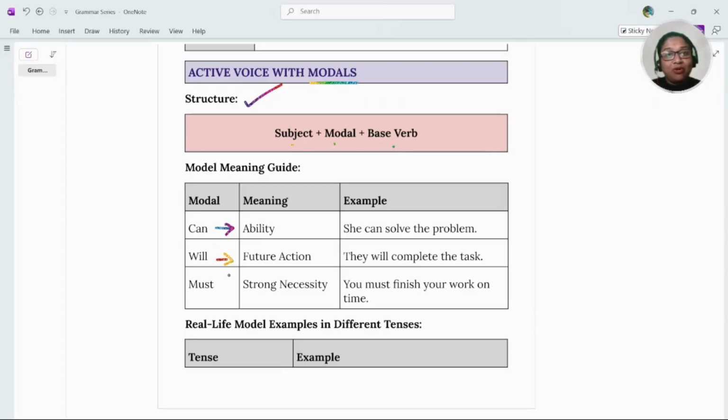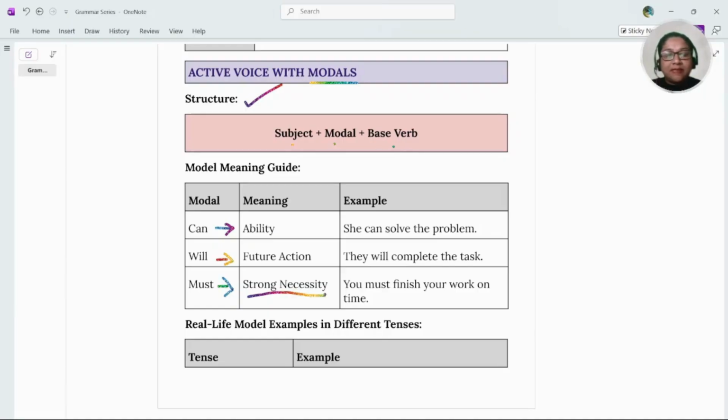But still, it's a modal. Must. Must means what? Logically, if I say you must close the door, you must attend the interview, or you must go out now, I sound pretty strong, right? So when I'm talking about this particular word must, it shows strong necessity, in the sense this person has to get this work done.